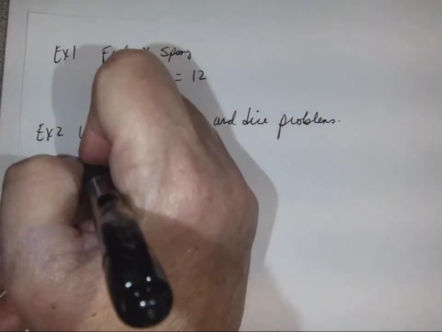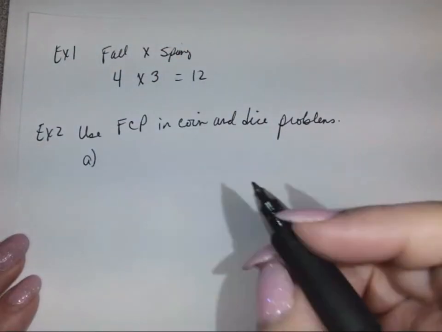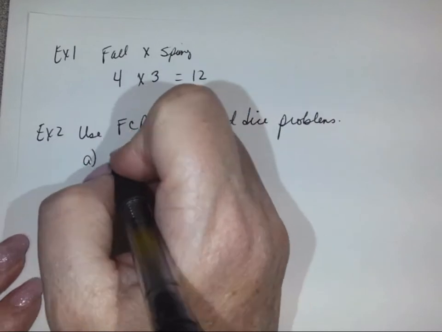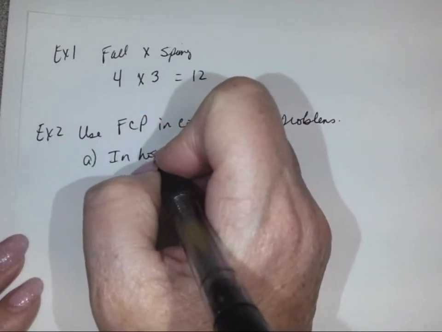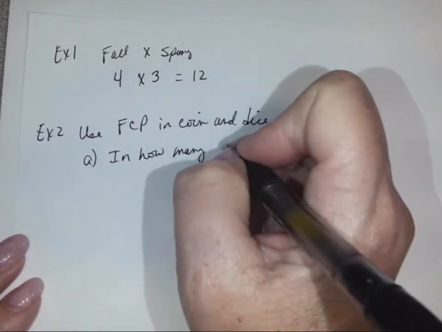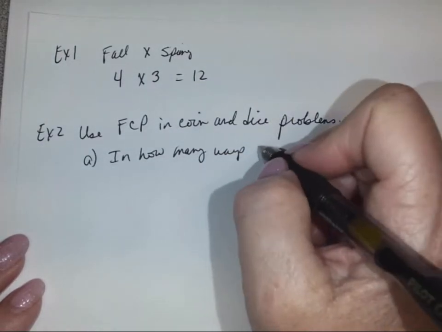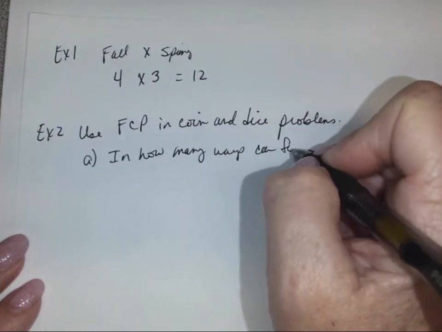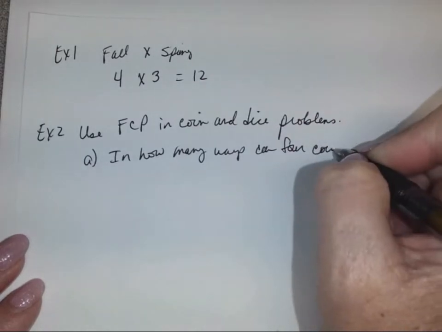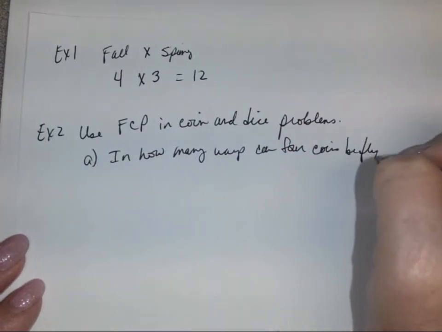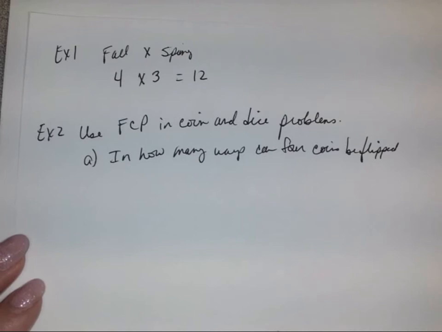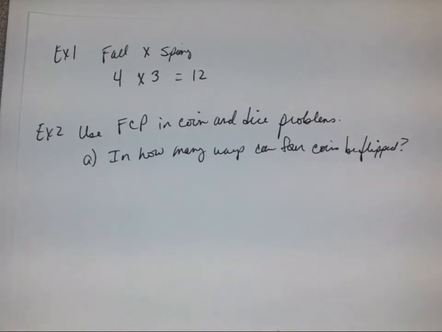So for part A, we want to know in how many ways can 4 coins be flipped? If you remember in the previous section, we drew a tree diagram and figured it out.